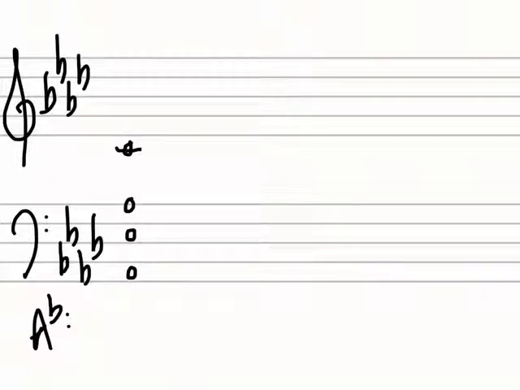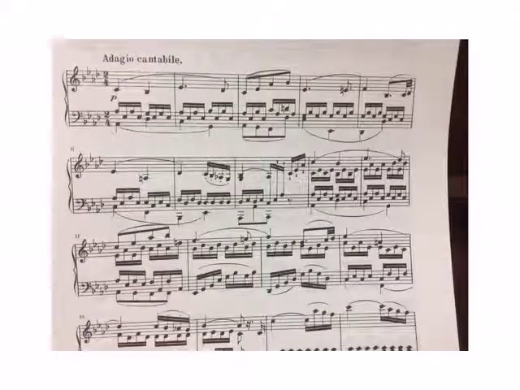Since that's only half of the measure, I'm not going to draw the bar line yet. But now notice that it's D flat in the bass, E flat, G, and B flat.